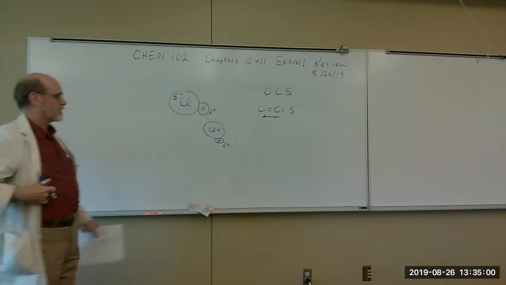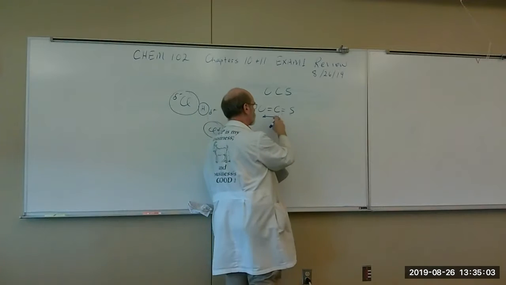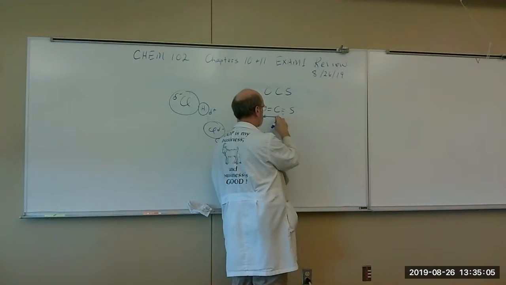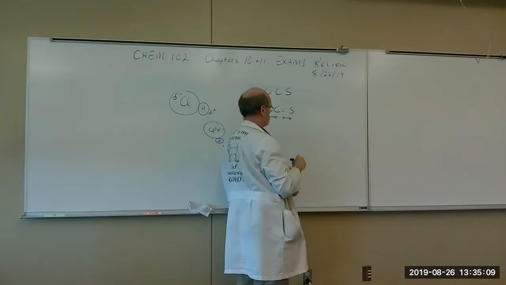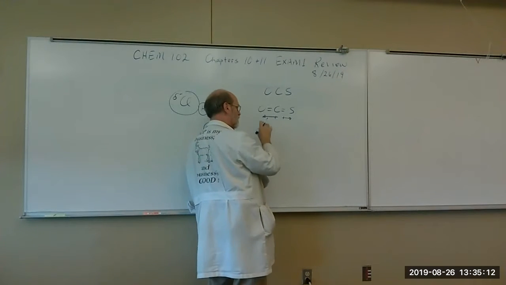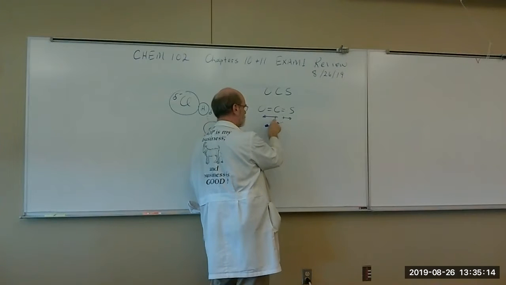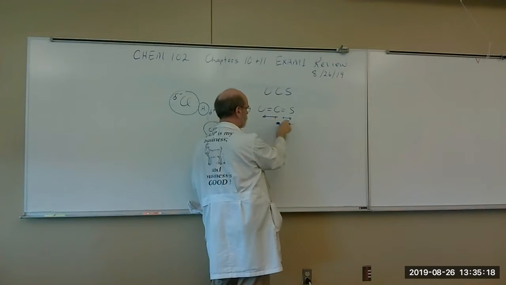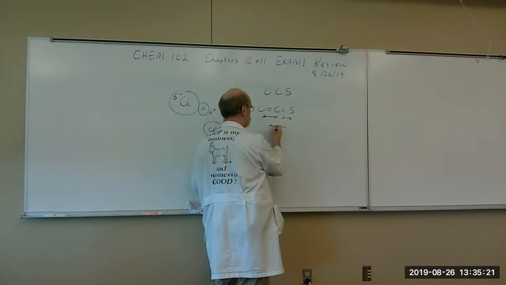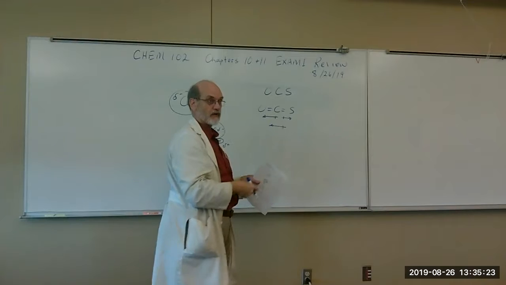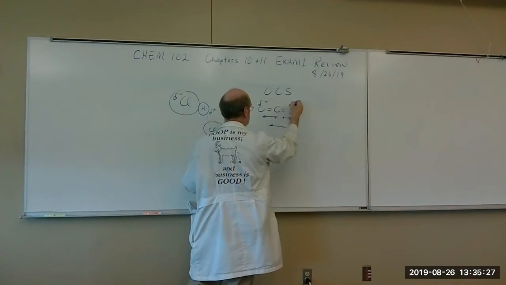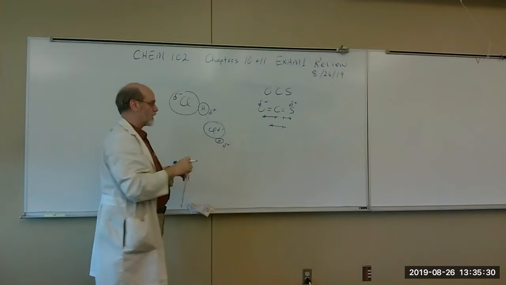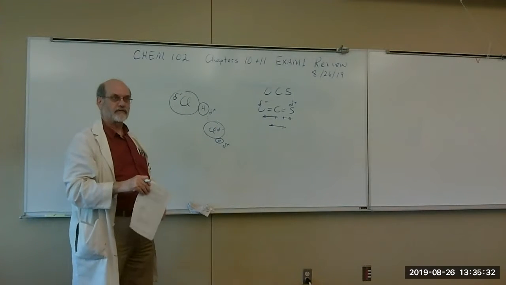And sulfur might be closer to the electronegativity of carbon, but it's more than likely just a little bit more. So even though this molecule is linear, this polarity is much stronger than that one. So overall, polarity for the molecule is toward the oxygen. So that being said, we can say that, and it would also exhibit this type of interaction.